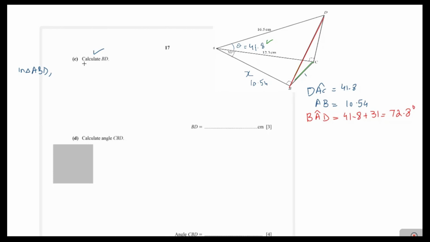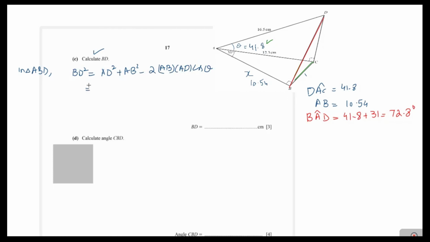In the cosine rule, BD squared will be equal to the sum of the squares of the other two sides, AD squared plus AB squared, minus 2 times AB times AD times cos of the angle between them.